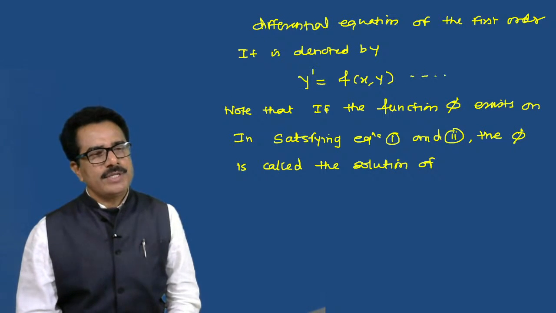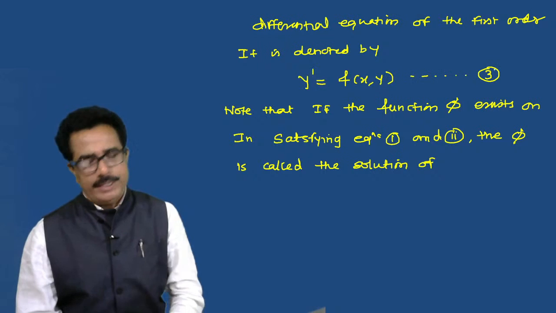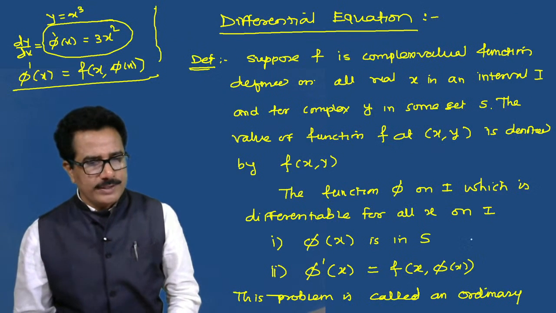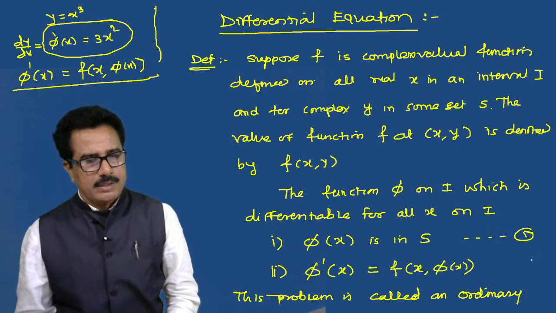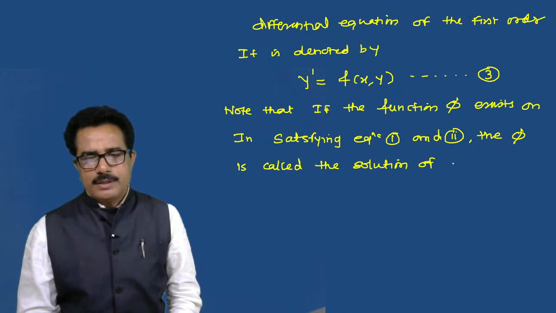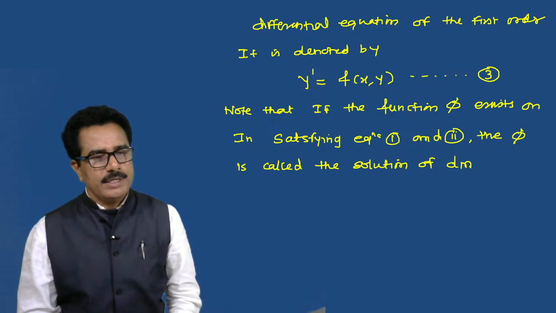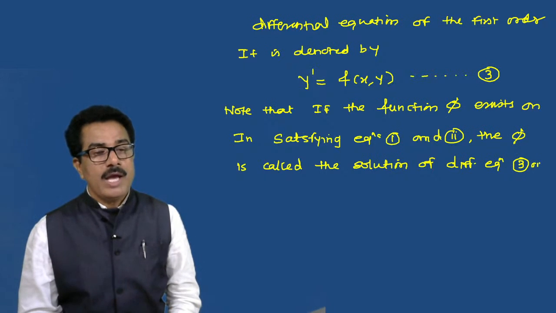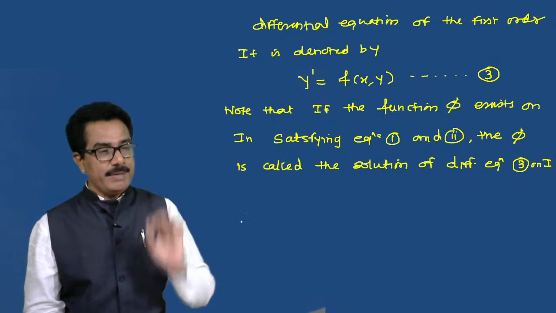Suppose this is 3, we can write this as a first, this is a second, and this is a third. Solution of differential equation 3 on I. On I means the same interval.